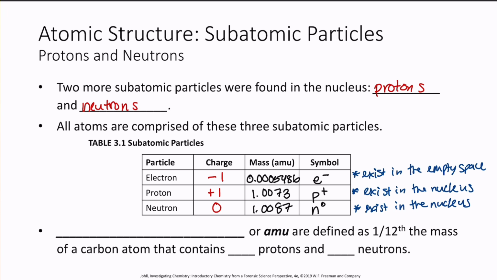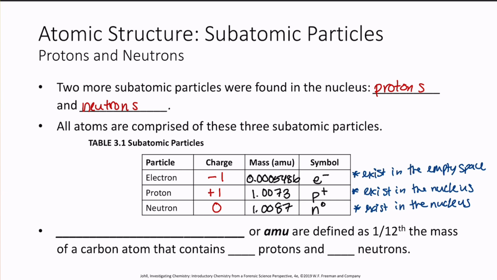If I grabbed a piece of tissue paper, that tissue paper compared to me is so much smaller, so it's not going to register on my scale. It can be said to be negligible. That doesn't mean that the tissue paper doesn't have mass or it isn't matter. It's just so small compared to myself. That's kind of what you can take away with electrons. They're so much smaller than the rest of the atom that they don't really register when you get the mass of them.